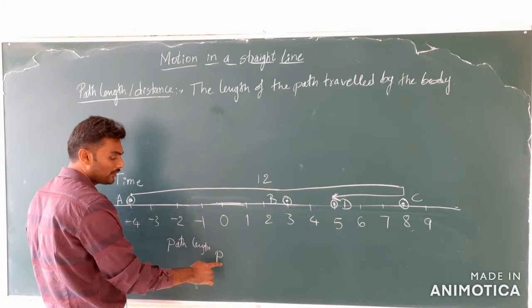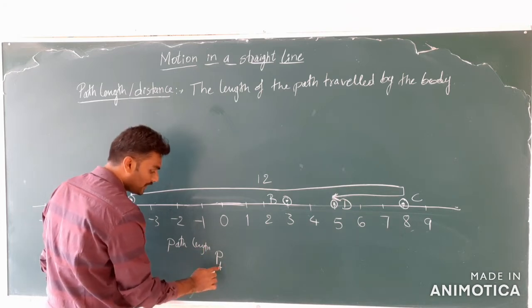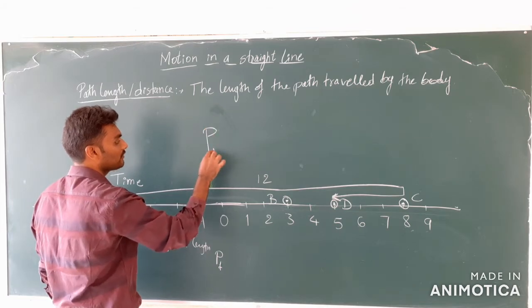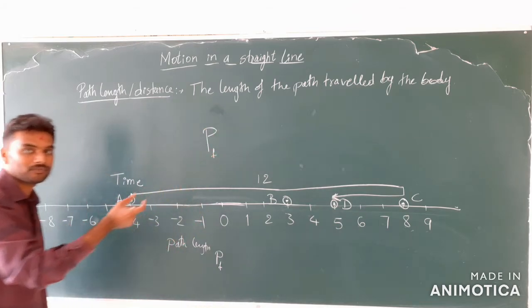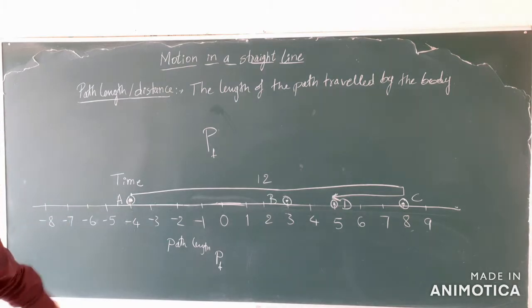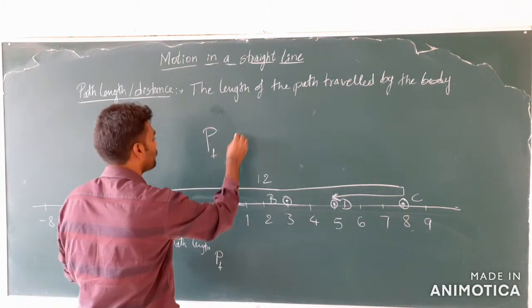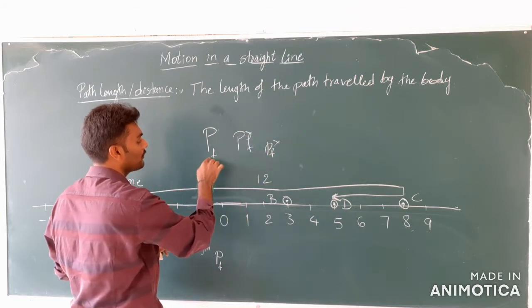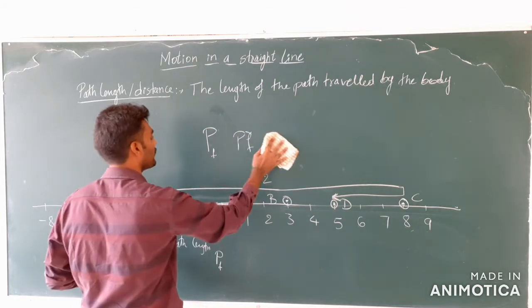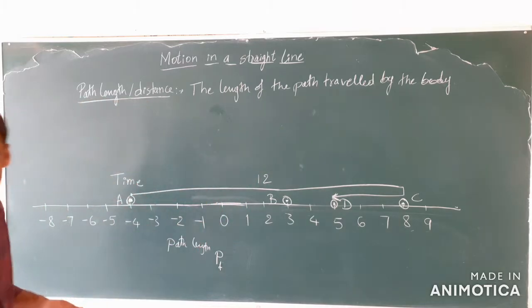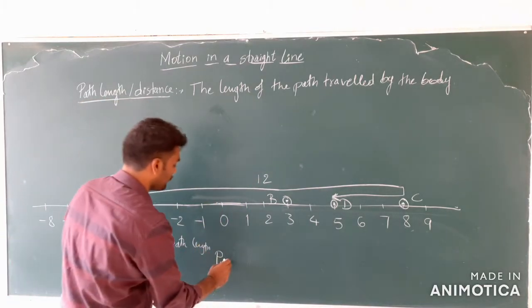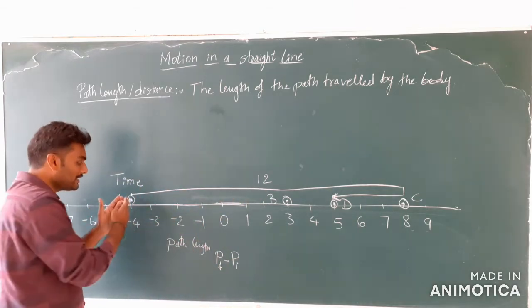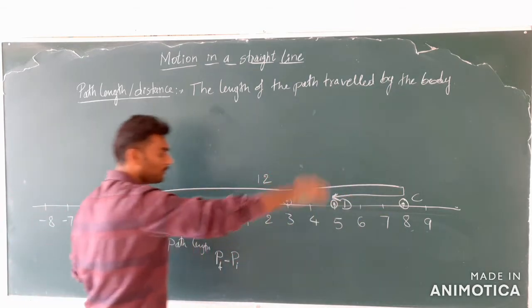P is the symbol used for position, so final position is P subscript F. Small F is the subscript. You should not write it as PF on the line; those are the wrong ways. You should always write it with the subscript. So final position minus initial position will give you the length of this particular motion, not the complete motion.